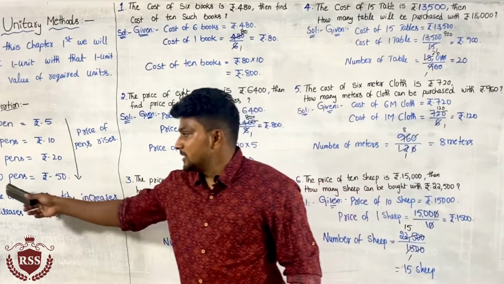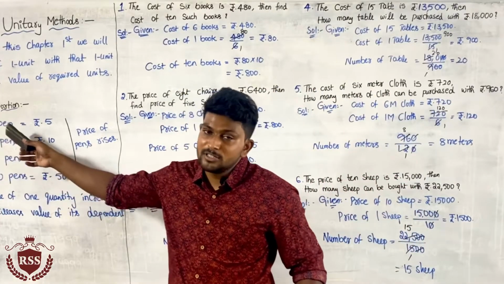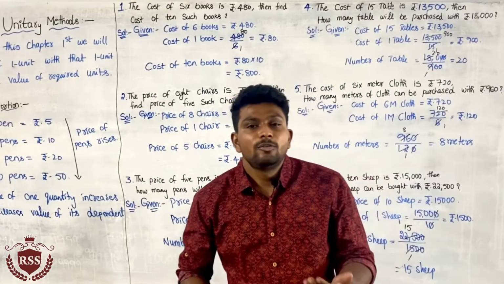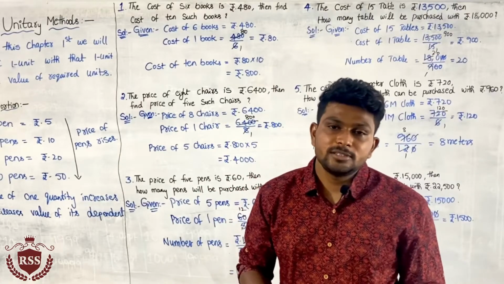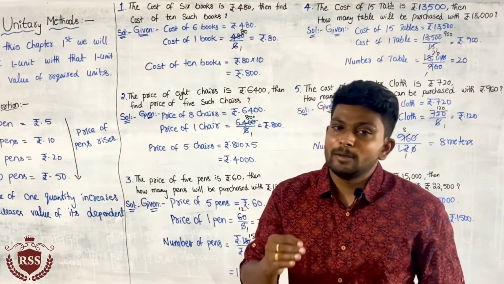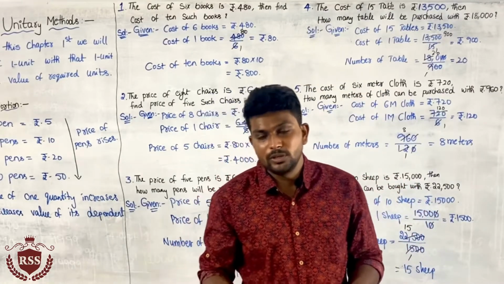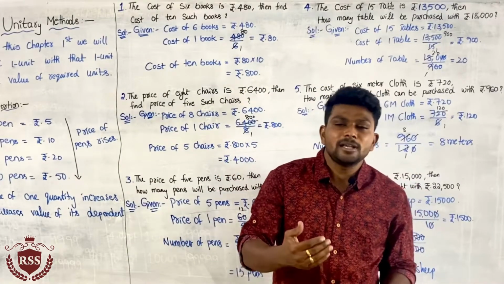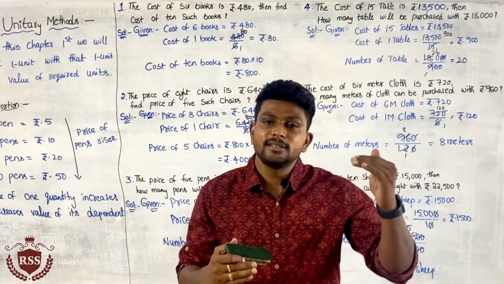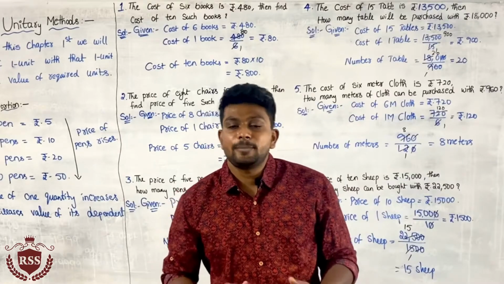If the number of pens decreases, the price of pens also decreases. 10 pens cost 50 rupees, so 2 pens we have to give 10 rupees. If the number of pens increases, the price increases; if the number of pens decreases, the price decreases. That is the direct proportion. If one decreases, the other decreases; if one increases, the other increases.